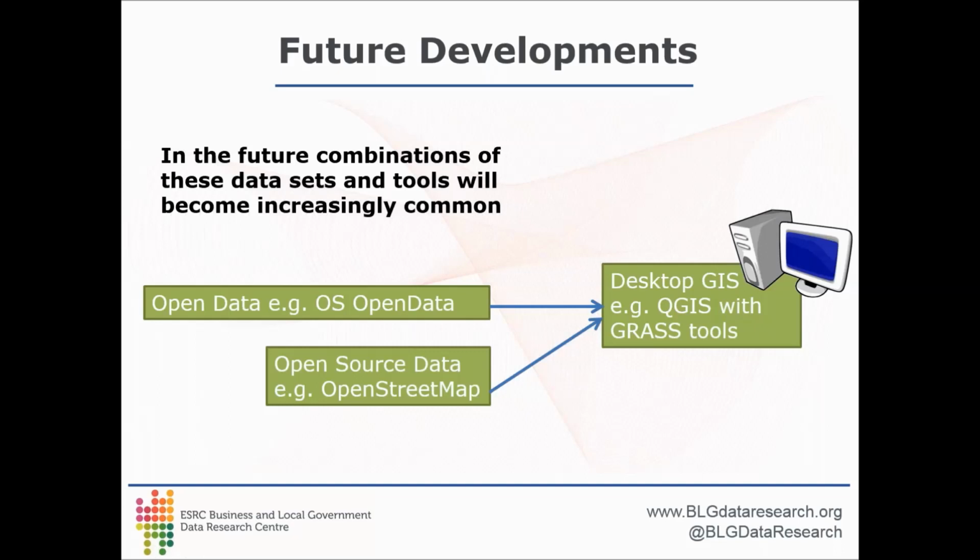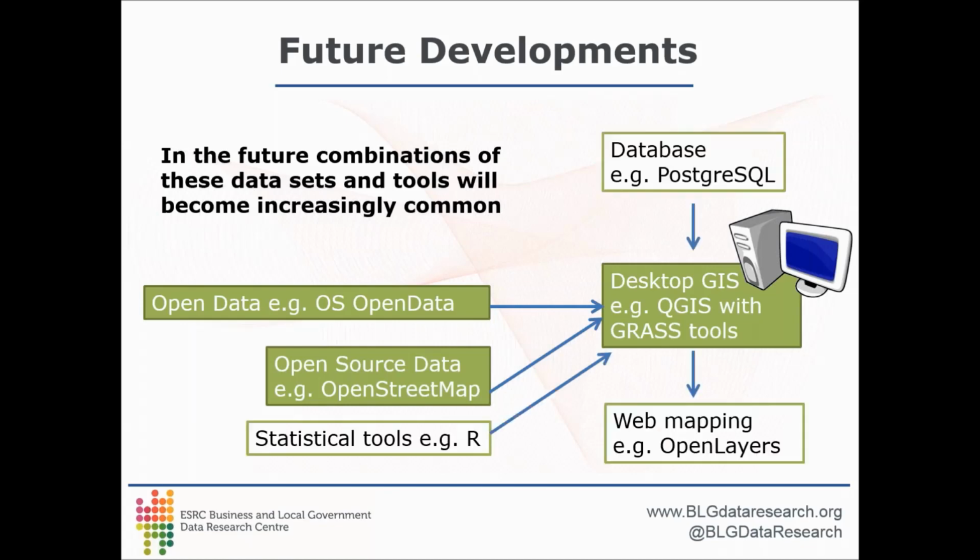The point I'd like to finish on is the way in which these sorts of capabilities are now beginning to be possibly linked to all sorts of other types of tools. So in the presentation today, I've focused very much on different types of open data going into a desktop GIS like QGIS, possibly with the GRASS tools.